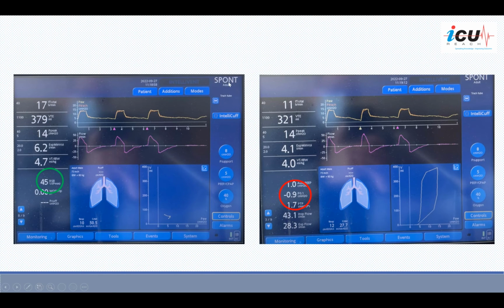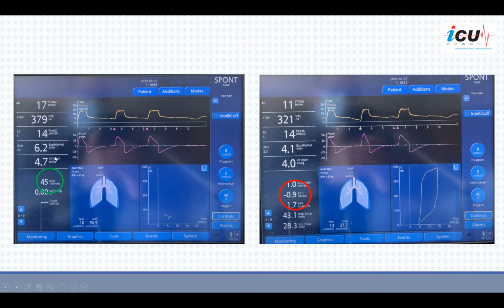Now, take a look at this patient. He's on spontaneous with pressure support of 8 and PEEP of 5. And this is actually a long-term weaning process for a patient who is dependent on the ventilator. We're weaning the pressure support level gradually.